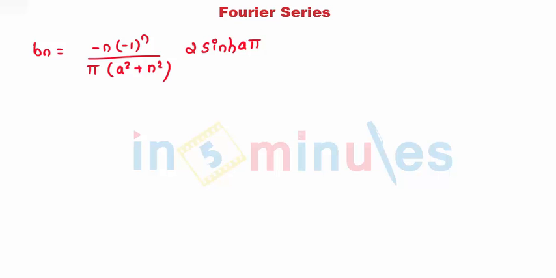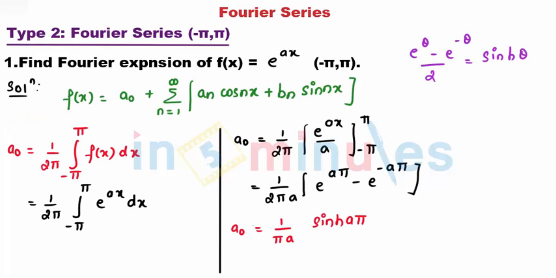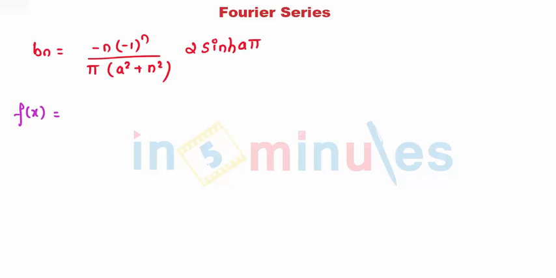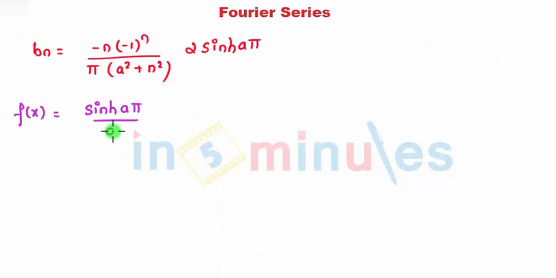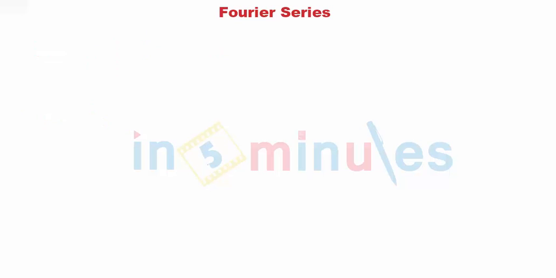a0, an and bn, which I can keep in the series. f(x) is equal to, my a0 value is 1 upon π a sinh(aπ). I can write this as sinh(aπ) divided by aπ, and then this was a0.